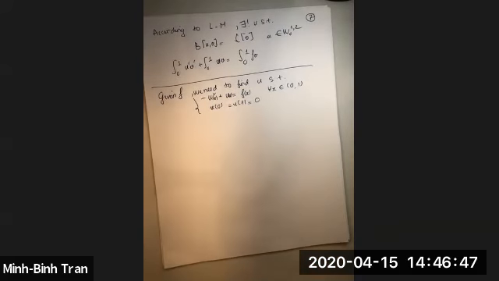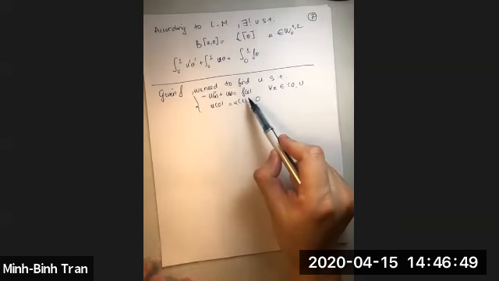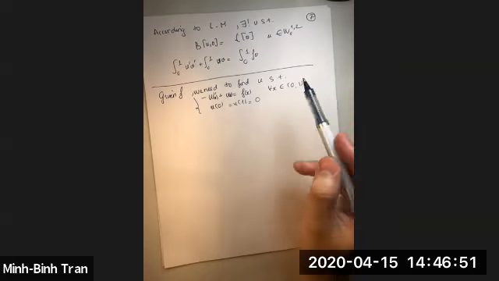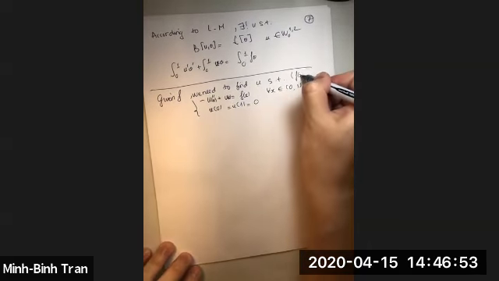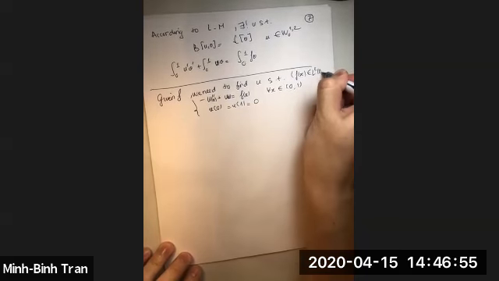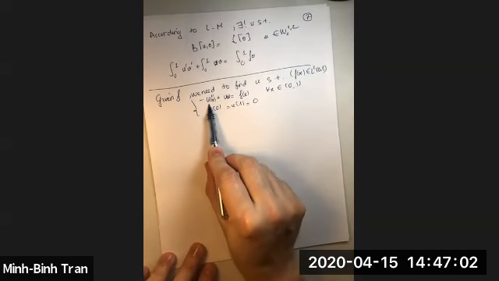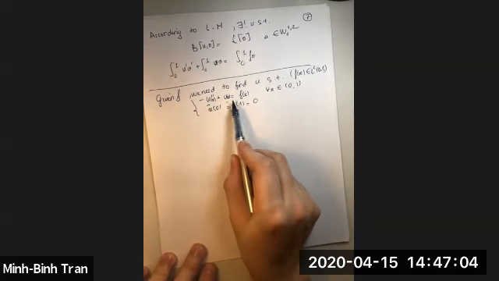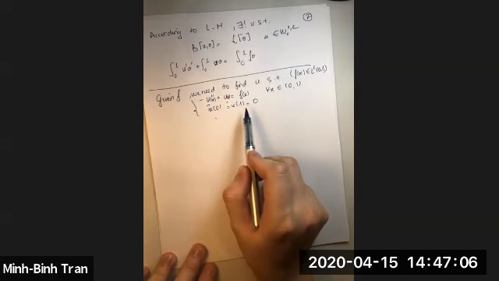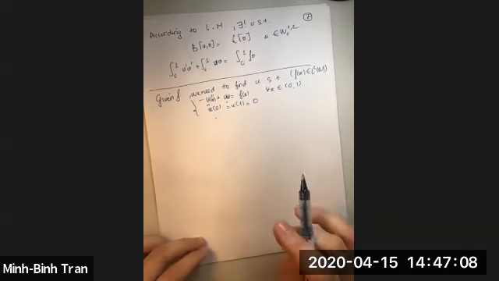So we have to solve this equation in the sense that you pick any F in L2 of 0, 1, and I have to find a function U such that minus U second plus U is F, and U at 0 and U at 1 are both 0.